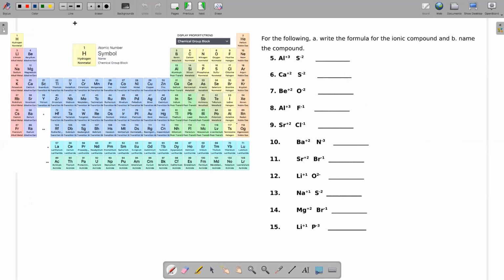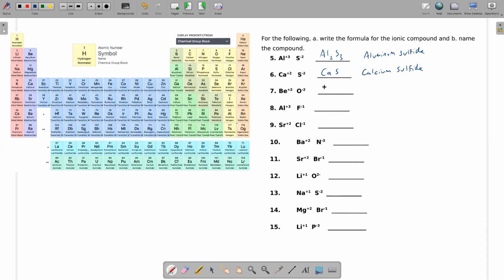We're writing a formula for the ionic compound and naming the compound. So we have aluminum and sulfur. Whatever the charge for aluminum is, it's the number of sulfurs you need, and vice versa. So it's going to be Al2S3, and that's aluminum sulfide. Sorry, my tablet's a little slow this morning, so it might look a little bit goofy. Calcium and sulfur is just CaS, and that's calcium sulfide.